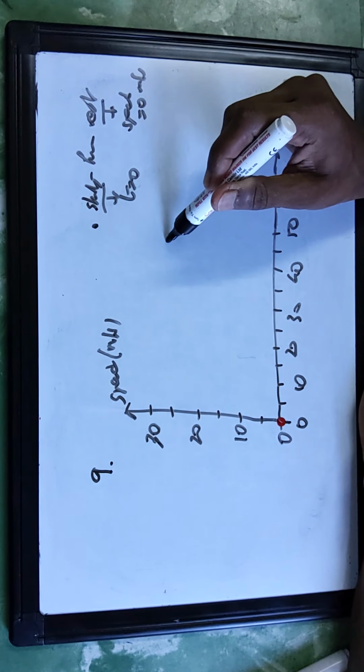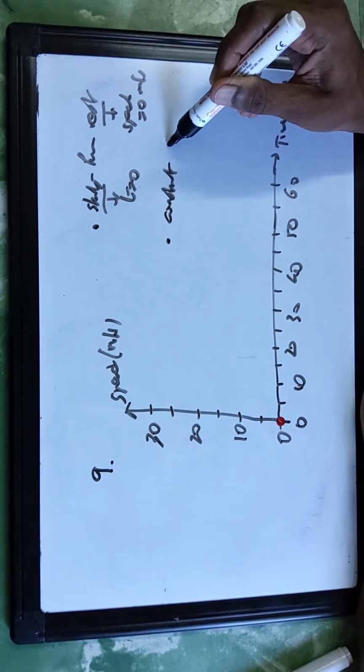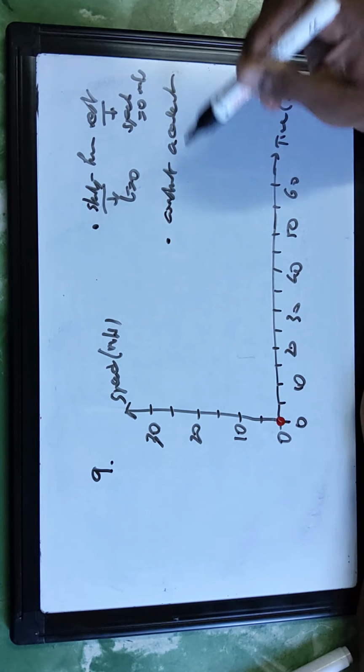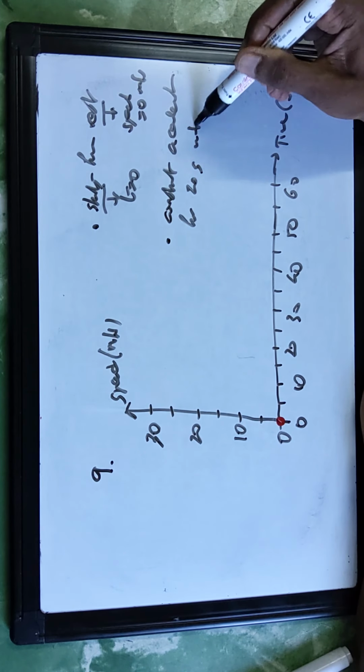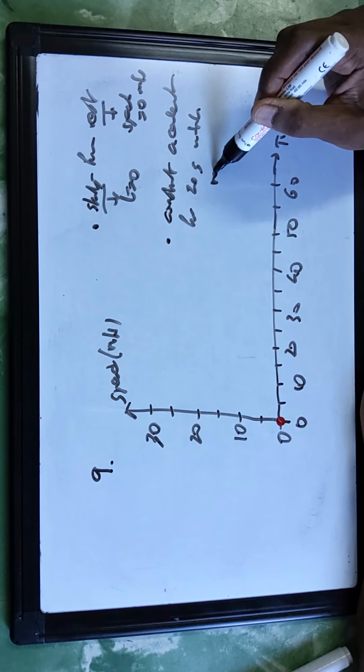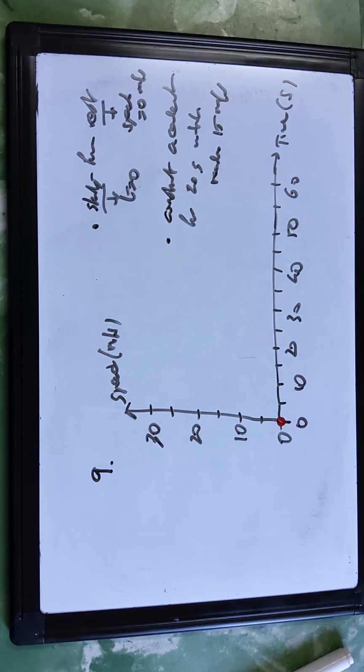The second piece of information is that the car is moving with constant acceleration for 20 seconds until it reaches the speed of 50 meters per second.